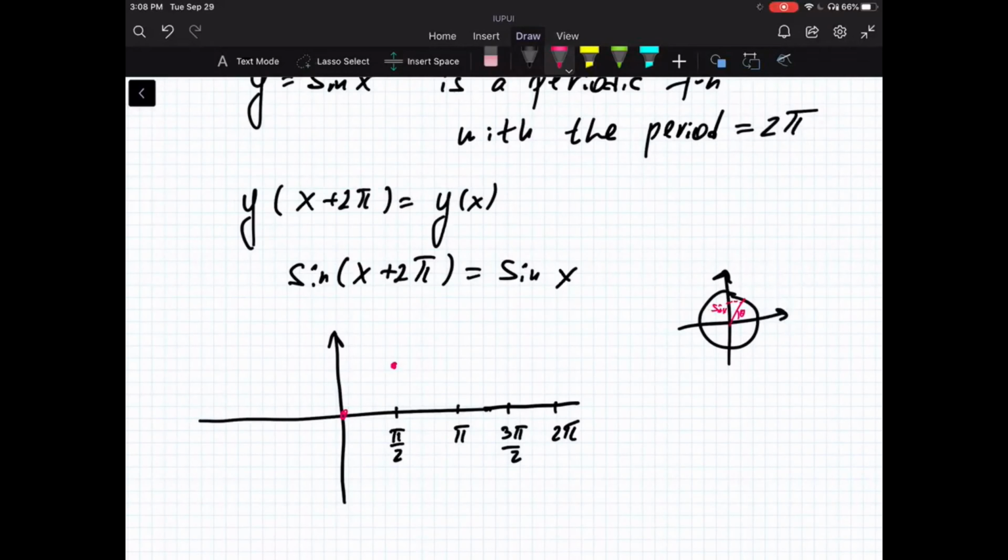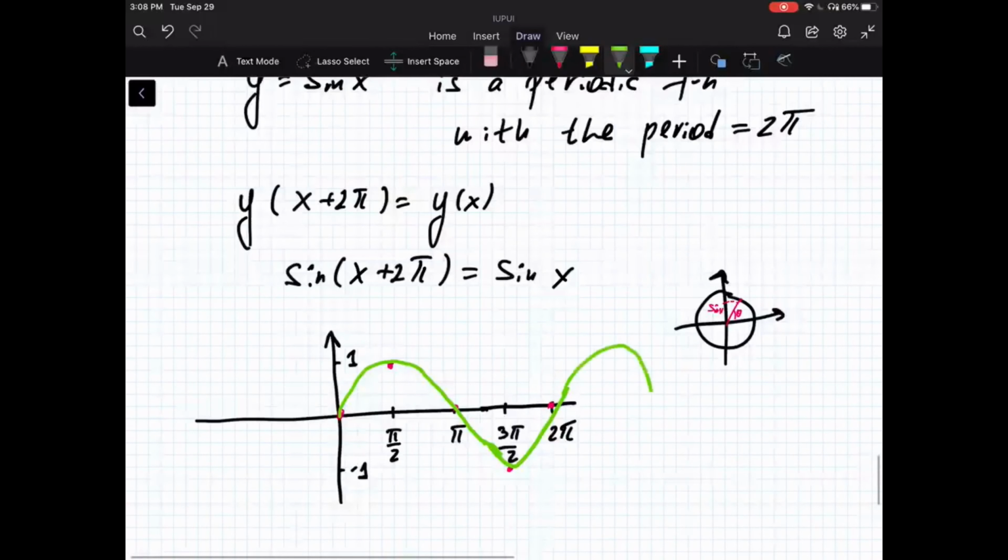So it's 0, 1, then it comes to 0 again, then it comes to -1, and then it comes to 0. So here is -1, here is 1, and so your graph looks like this.